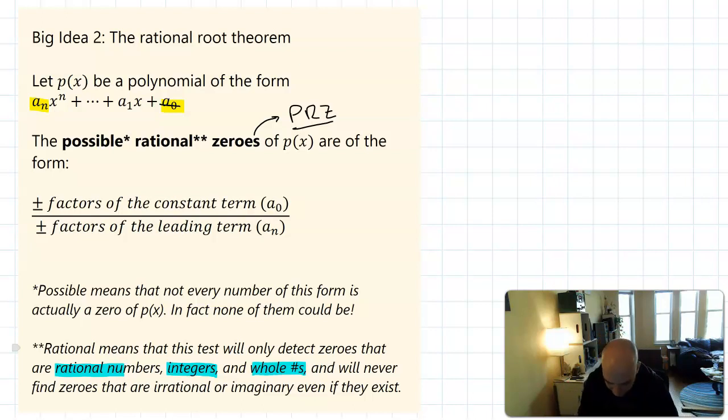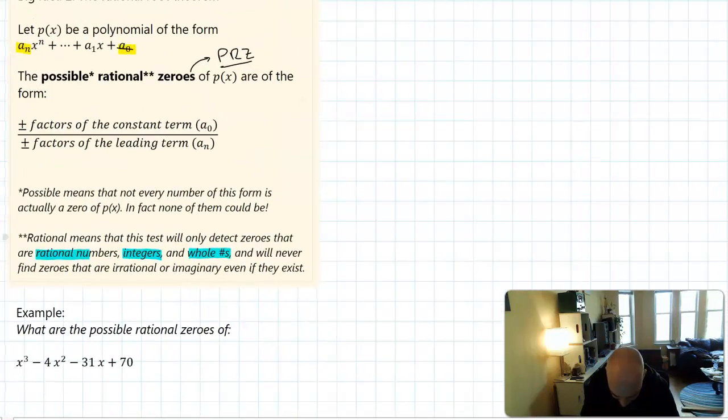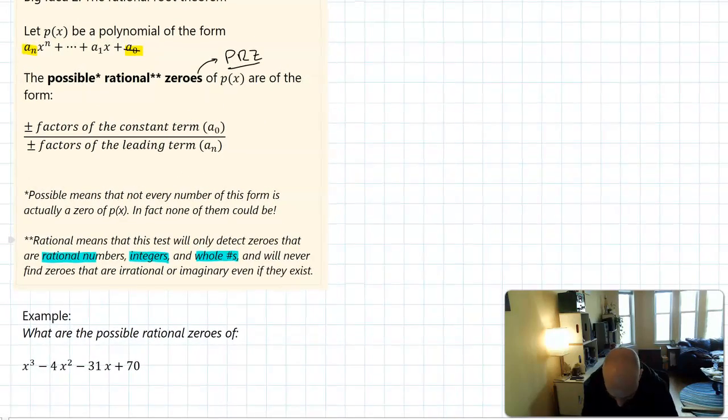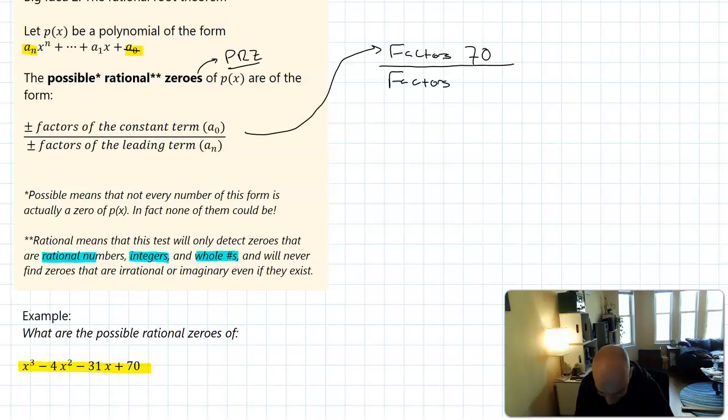So let's go and look at the previous problem. I'm going to try to leave the test up here and maybe do my work over here. So we're saying, what are the possible rational zeros of this thing? Well, just following this form, it's going to be factors of the constant term, which was 70, divided by factors of the leading term.